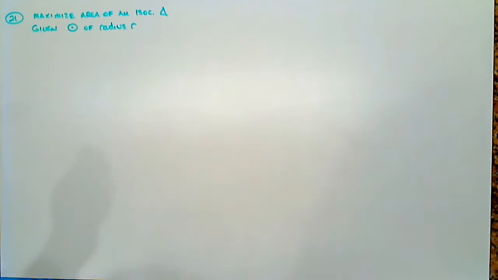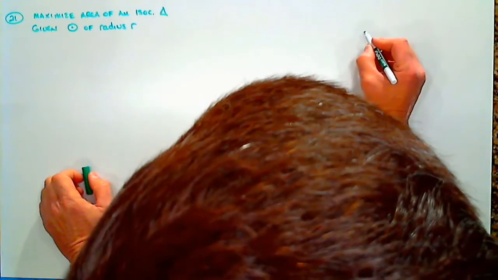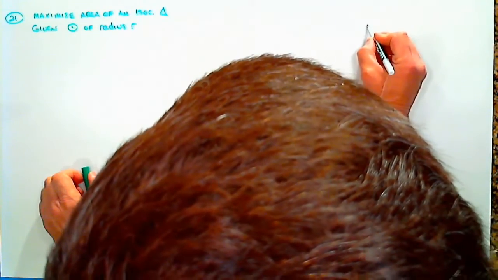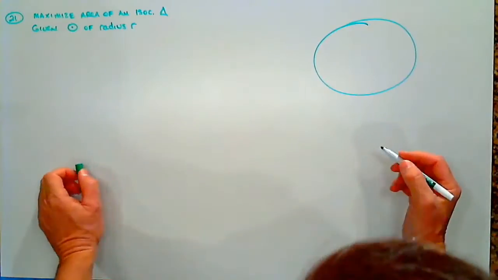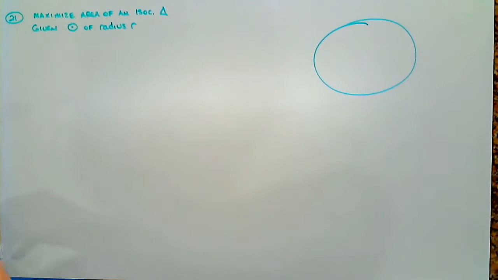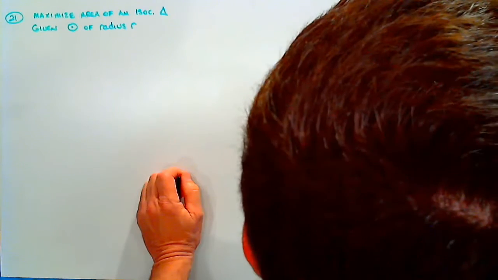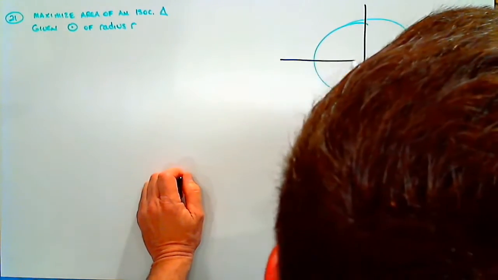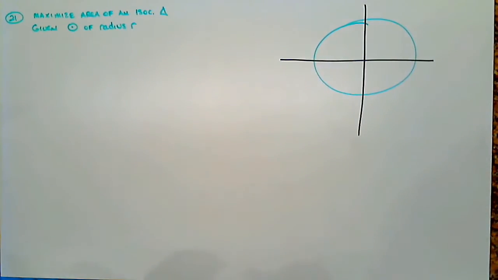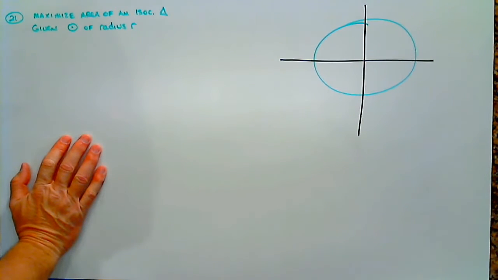So where do we begin? Well, we begin with a picture. We're going to start with our circle. Here's our circle. And what do we know about our circle? Well, we know its radius is r. So we're going to begin by adding a coordinate system to our circle. Now, what do we want to do here? We want to inscribe an isosceles triangle in this circle.